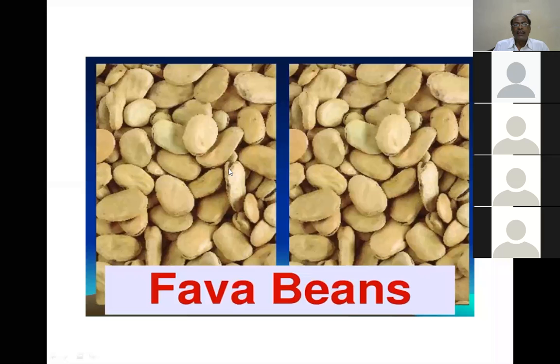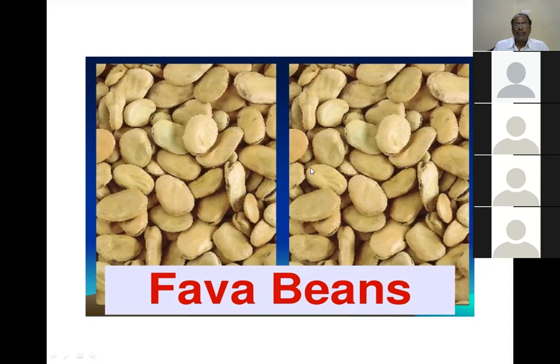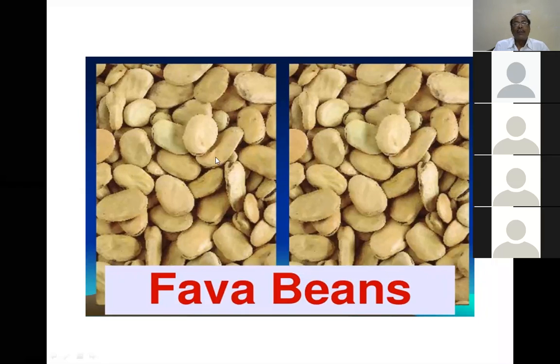When these people eat these beans in large quantities and already have glucose 6-phosphate dehydrogenase deficiency, more H2O2 is liberated oxidatively, and this H2O2 cannot be nullified because of lack of NADPH production.